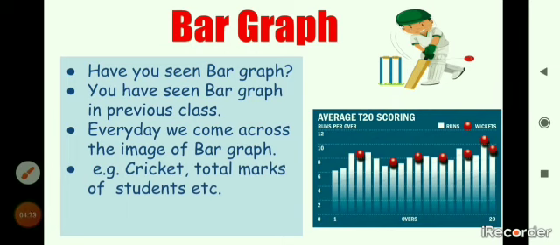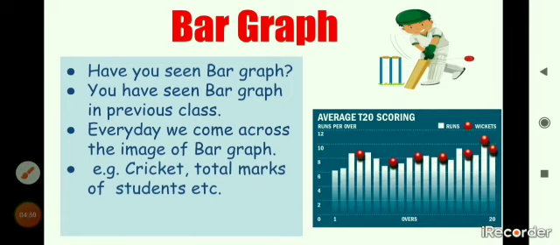The runs obtained in each over as well as the wickets taken. This type of graph is easily understood by everyone without any prior knowledge, and it saves time. You can see in which over the wickets fall, or in which over the runs are more, etc.